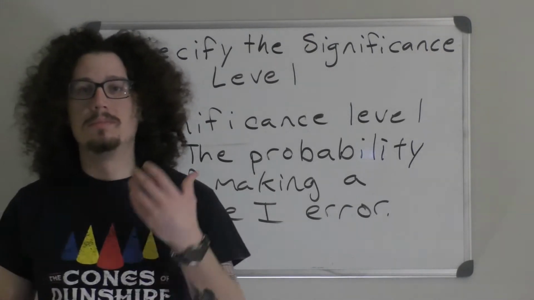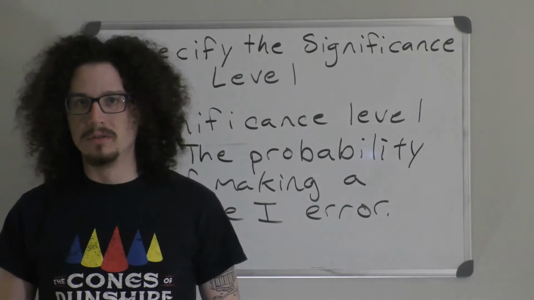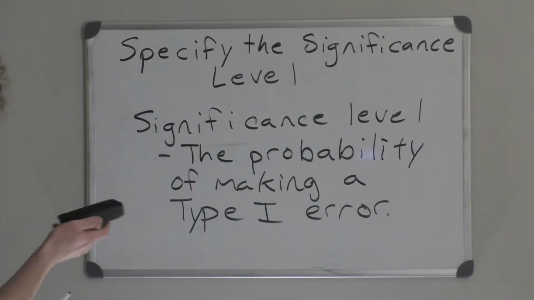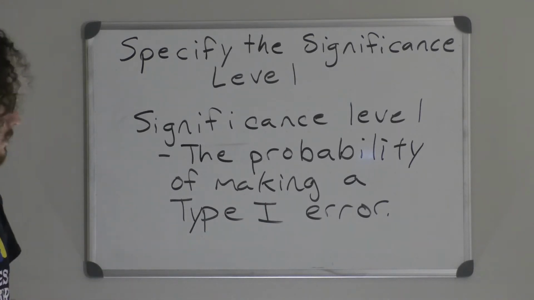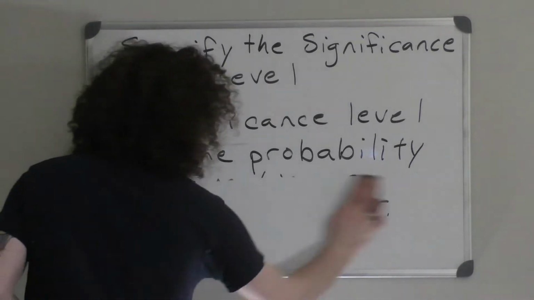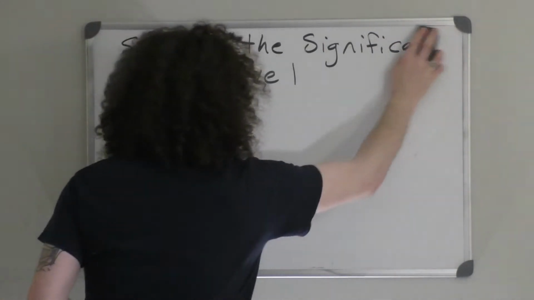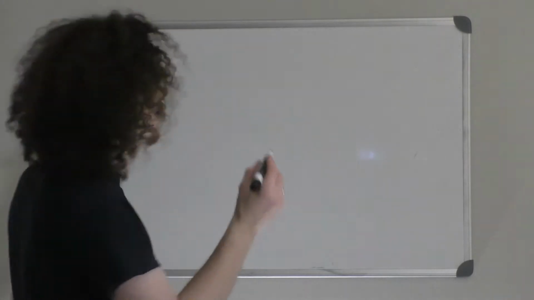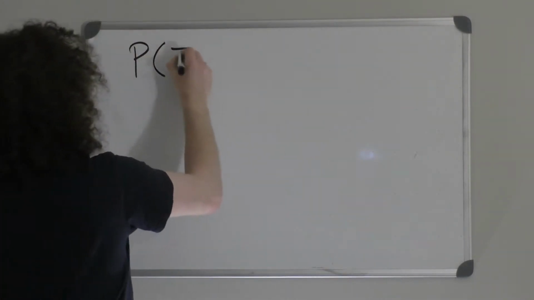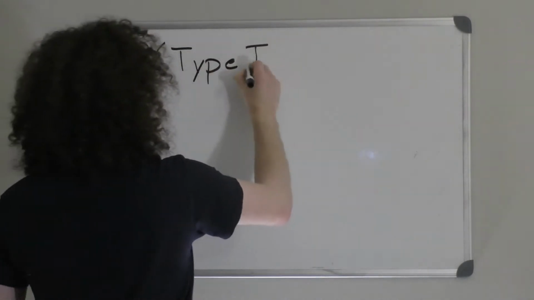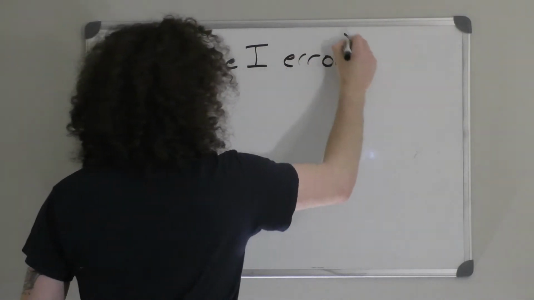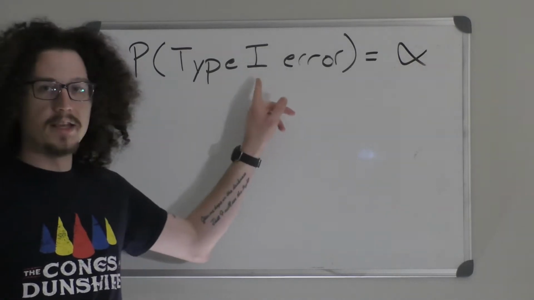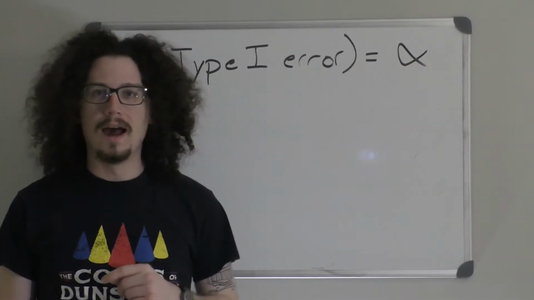And we've actually dealt with the significance level already because we could write this out as we have, right? Significance level is the probability of making a type 1 error. But we can also write that out mathematically: the probability of making a type 1 error equals alpha.